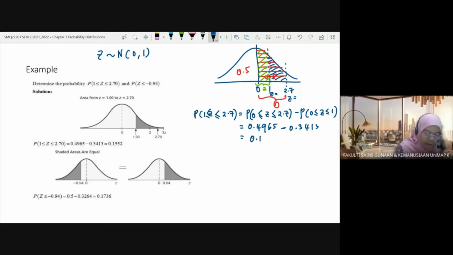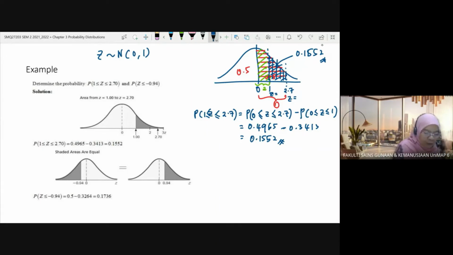Okay, thank you. So the probability value that we are looking for in this region, shaded in blue, is 0.1552. That is the probability value. I wish everyone can understand that.